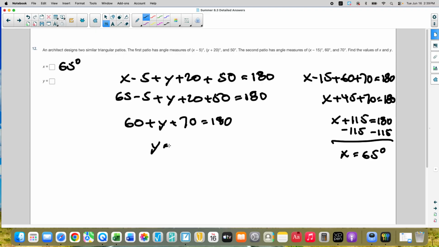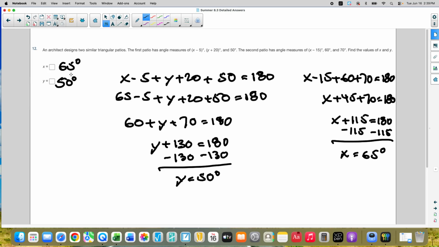Y plus 130 equals 180, minus the 130 gives us y equals 50 degrees. So the y value is 50 degrees.